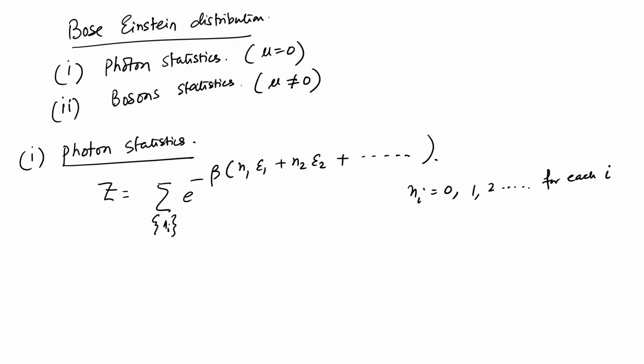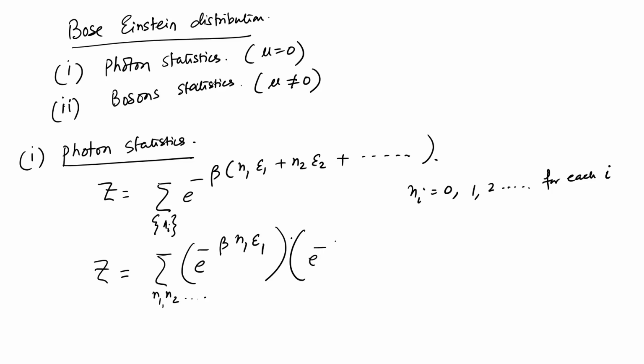And it is easy to see that this sum actually factorizes, and we can write down the partition function as sum over n1, n2 and so on, and then exponential minus beta n1 epsilon 1 into exponential minus beta n2 epsilon 2 and so on, and all these brackets.